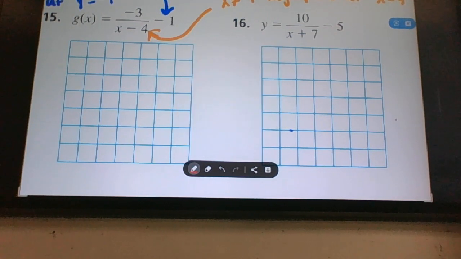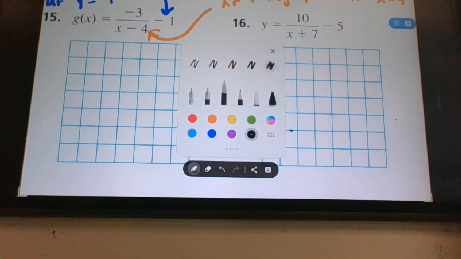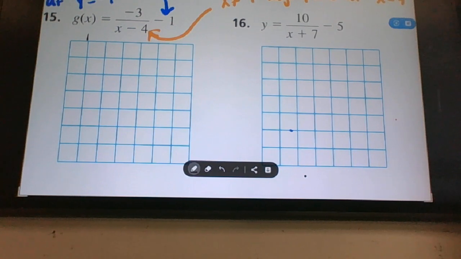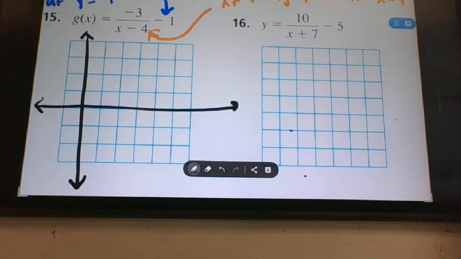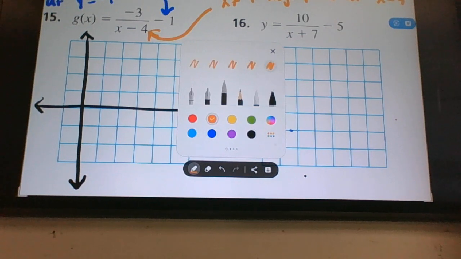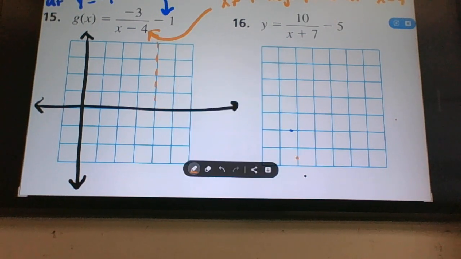At y equals -1. So when I see this, I'm picturing my hyperbola, it's going to be shifted right 4 and down 1. So if I have to go to the right and down, I think I'm going to put my axis over here. Here's the dash.